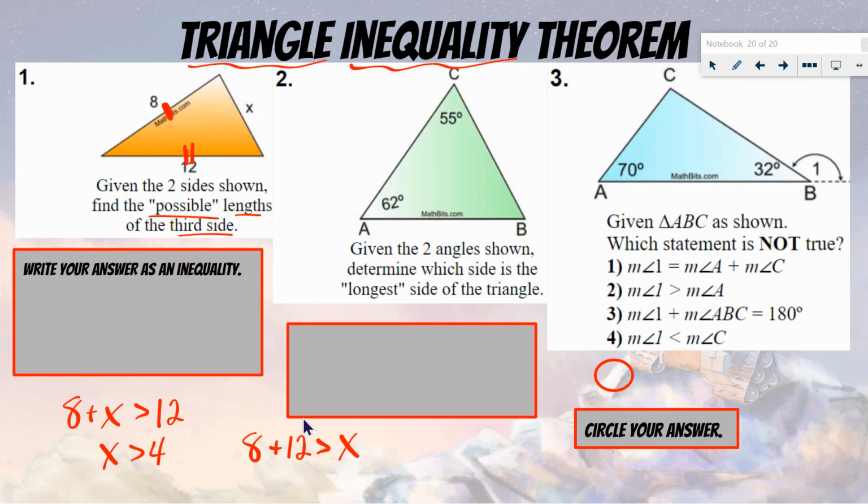We're also finding that, actually I'm going to flip this around, x is less than 20. So x is greater than 4 and x is less than 20. So x is really in between 4 and 20. As a compound inequality, I'm actually going to flip this one around too. Basically, it's sandwiched in between those two possible values.